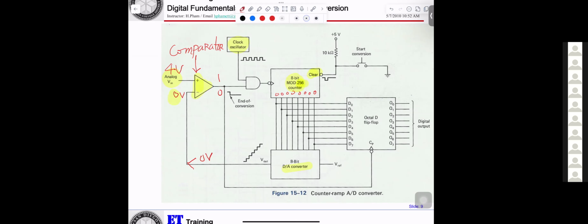4 volt is higher than 0, so the logic output here will be 1. You get a frequency coming in, and with 1, that's telling you a clock is going into here.